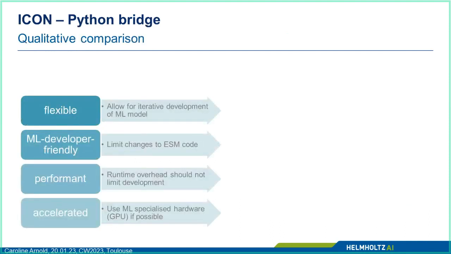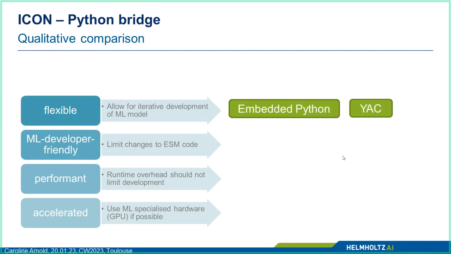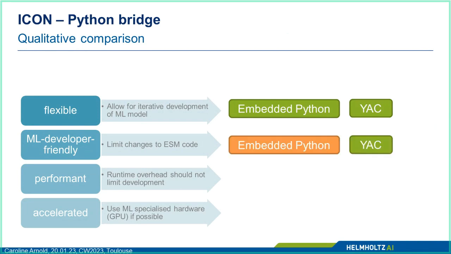So I can give a quick qualitative comparison of the bridges that we have tried so far. And at some point, we will give a recommendation then to our collaborators. In terms of flexibility, using both types of bridges, embedded Python and the YAC coupling, we can do the iterative development of the machine learning model. In terms of developer friendliness, I have to say it's much easier to do this using YAC compared to embedded Python.